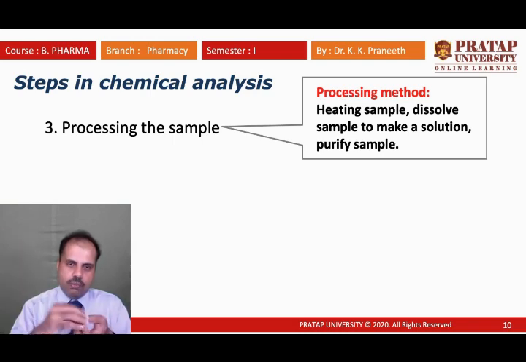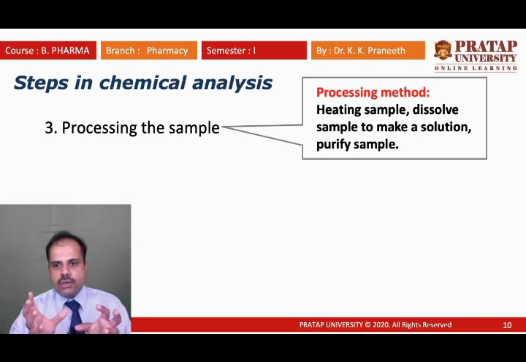Chloroform is a volatile compound, it will easily go away as a vapor. Another method of processing a sample is to dissolve the sample to make a solution. If you have a solid sample and you want to make it a solution, you can dissolve it in water or any other solvent. So this is the sample processing.